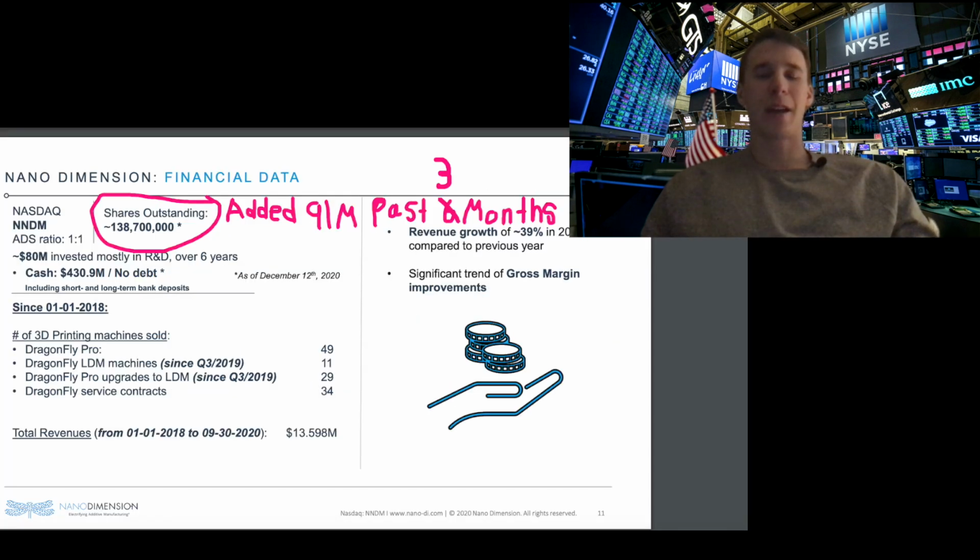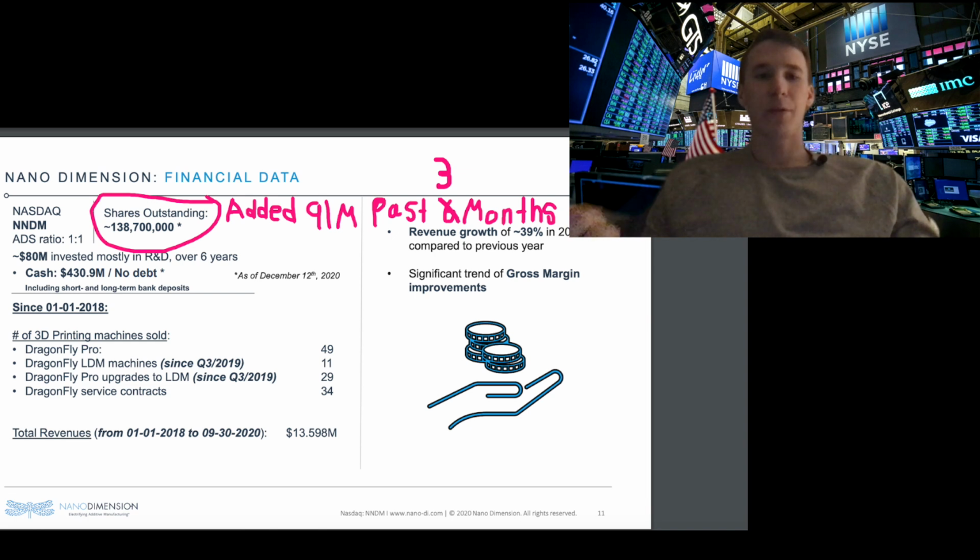So moving on from that now, I do want to talk about all the share dilution and how it's affected the share price. This is something you guys kind of do need to understand. It's good to understand not only for this stock, but any stock you're invested in. So at the current moment, we have 138 million current outstanding shares.